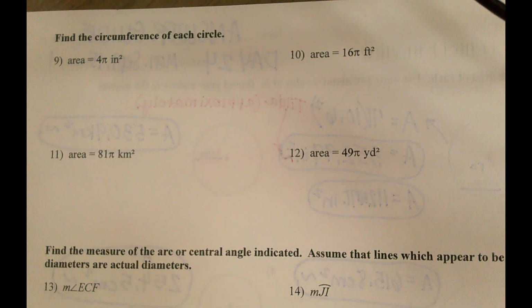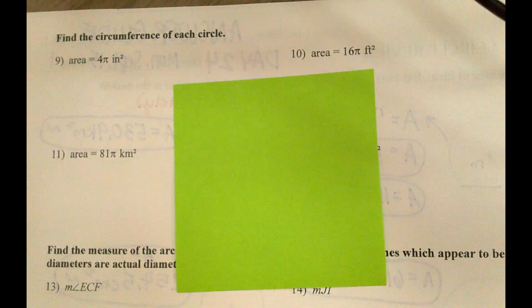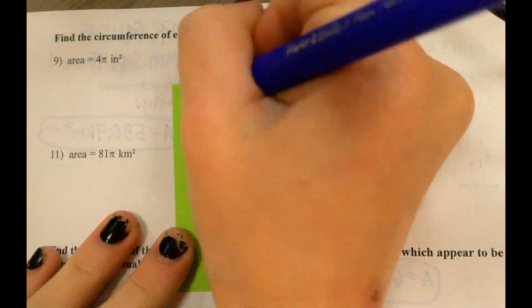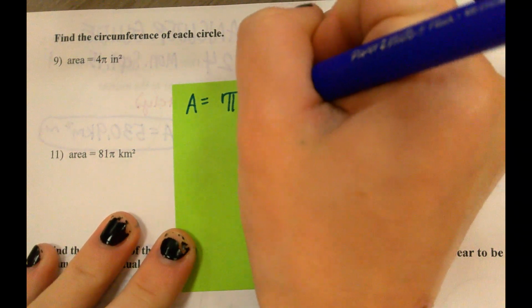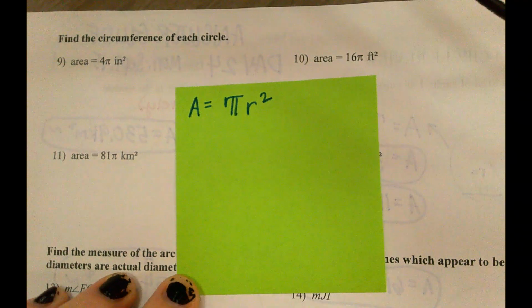This was tricky. So we need a couple of formulas. I know that area is pi times radius squared.